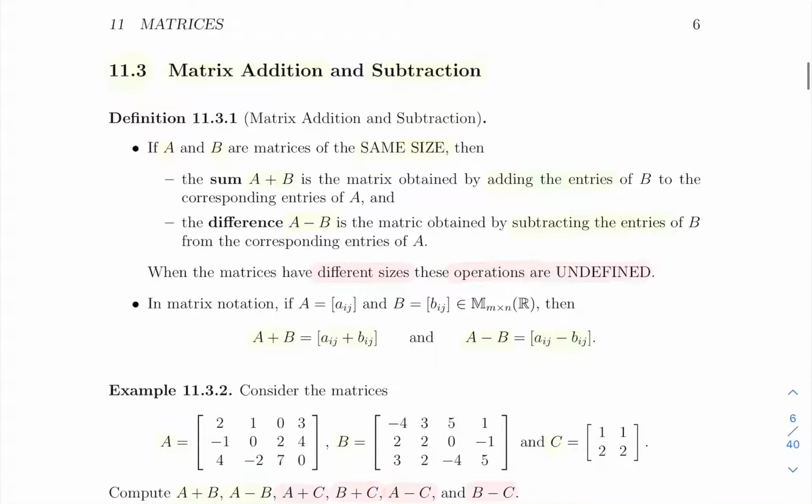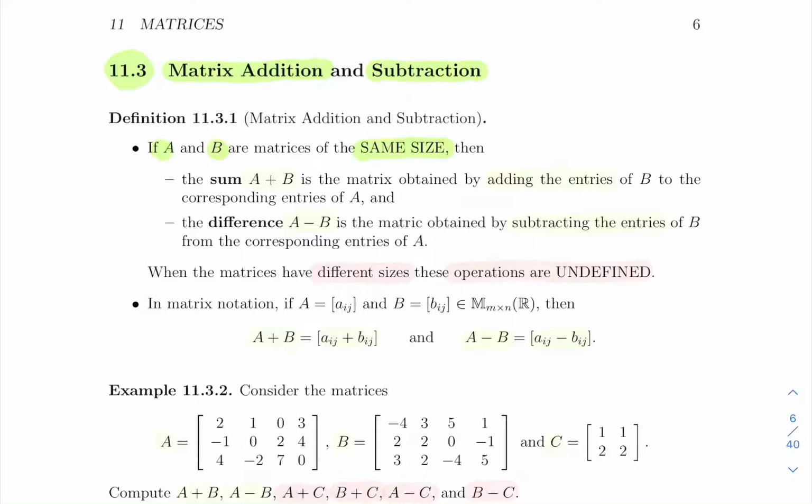So the next operation: we want to define matrix addition and subtraction. It's very similar to what we did with vectors. You can add or subtract matrices as long as they have the same size, and as soon as they have the same size, you just add or subtract the corresponding entries. So first thing you have to check is that A and B are two matrices of the same size.